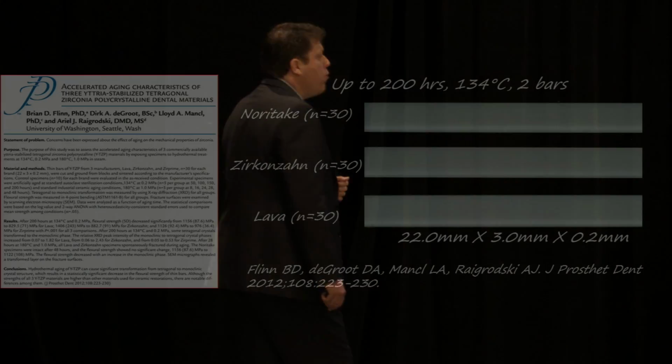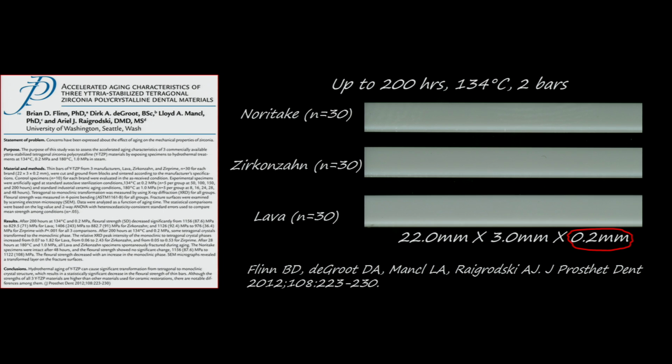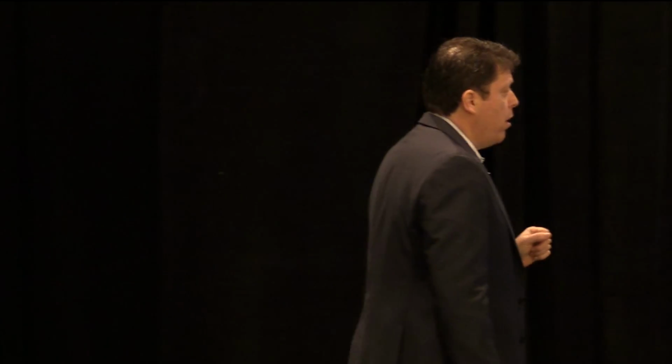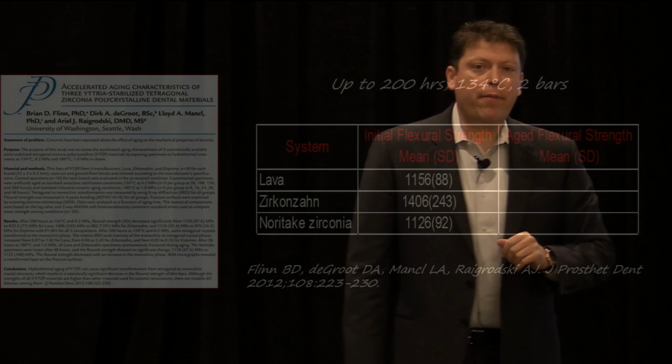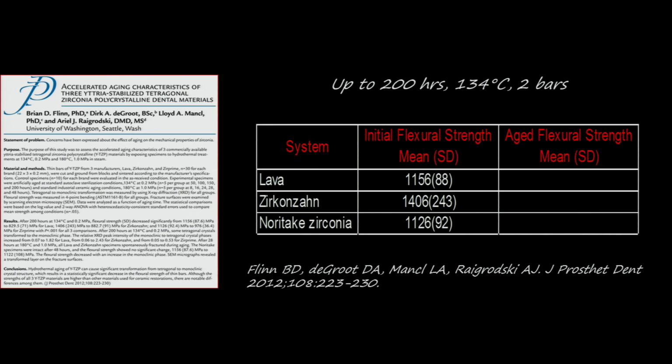And if you look here, we looked at bars that are 0.2 millimeter in thickness, which is pretty thin. All those brands, when they were subjected to fracture with testing of flexural strength, the initial flexural strength was well above 1100 megapascal, which is within the range of what we've seen in the past. The question is, what happens after aging?